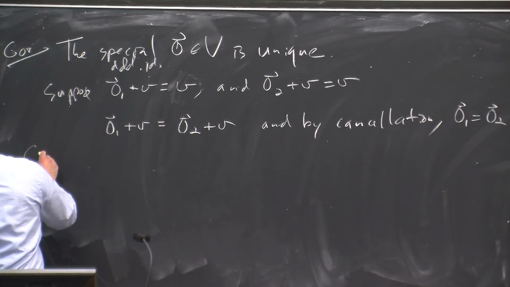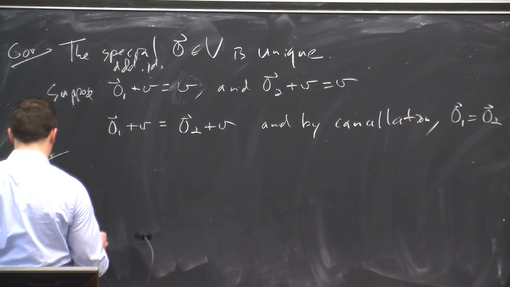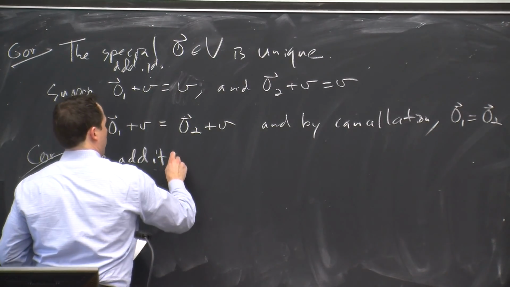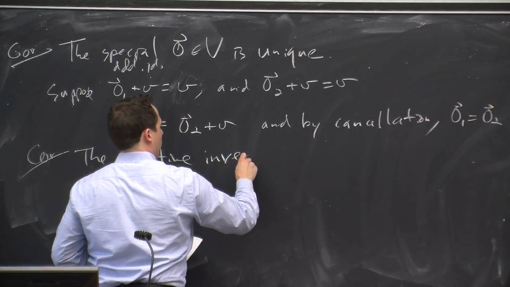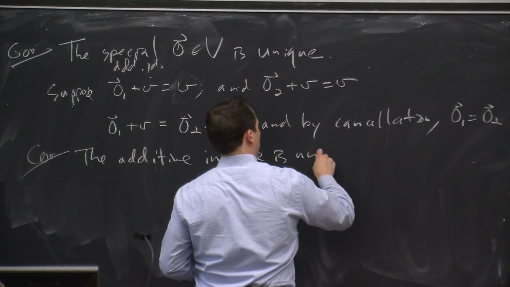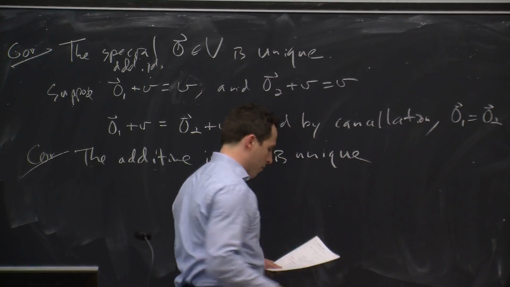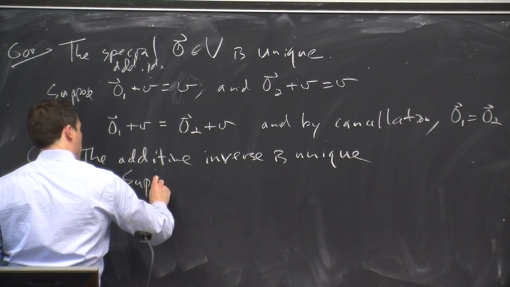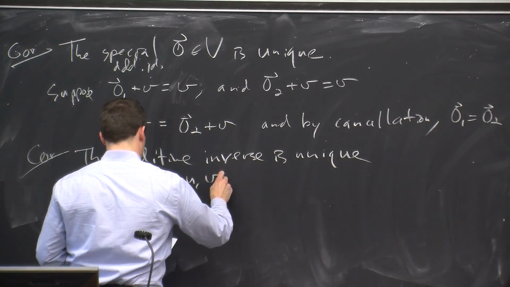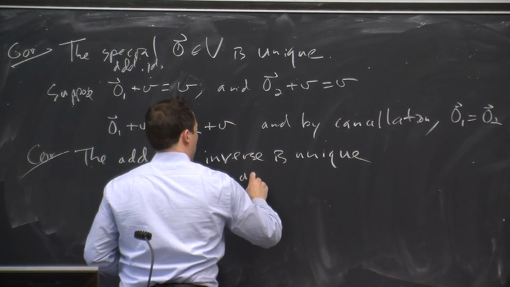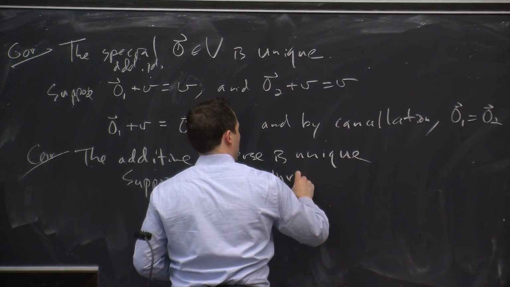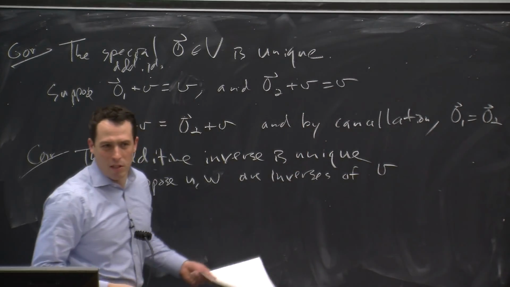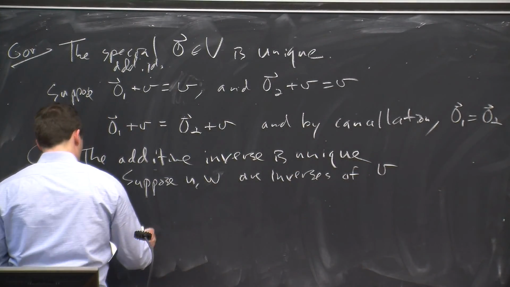Here's another corollary. The additive inverse is unique. So how do I prove that? I say, well, suppose U and W are inverses of V. Again, this is just using the group structure.